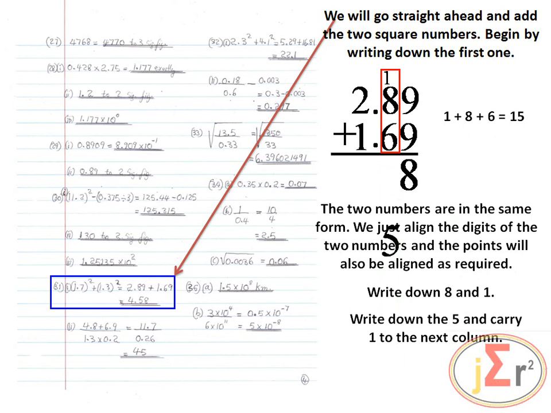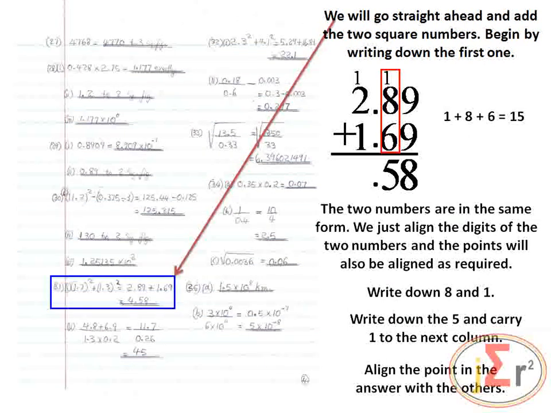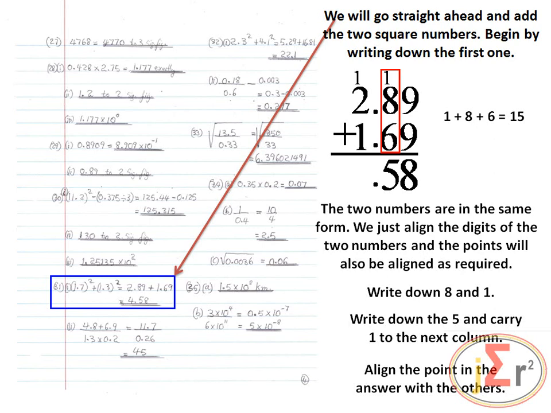Write down 5 and carry 1. Do not forget, the decimal point in the answer has to be aligned with the decimal point in the problem. And finally, 1 plus 2 plus 1 is equal to 4.